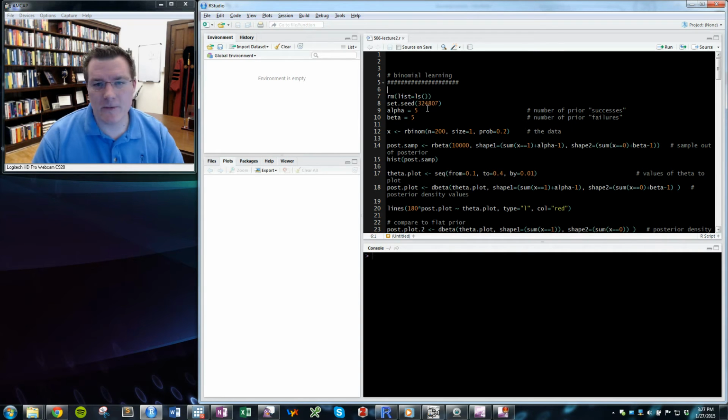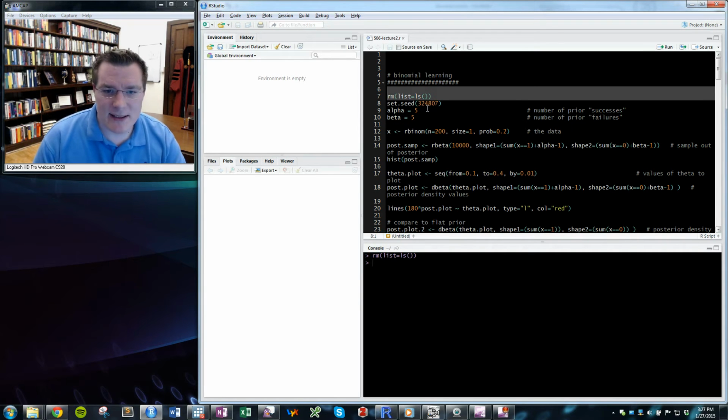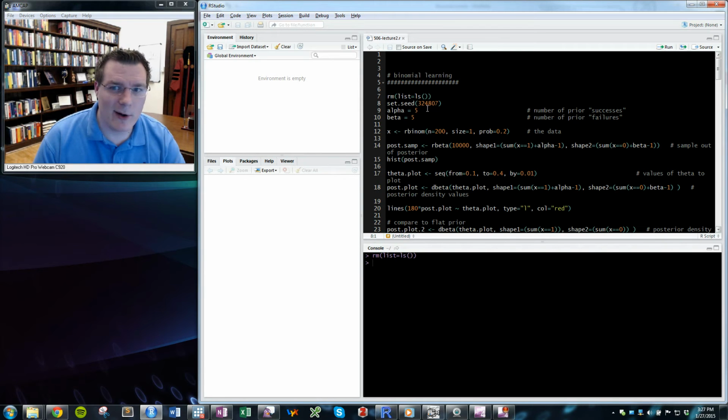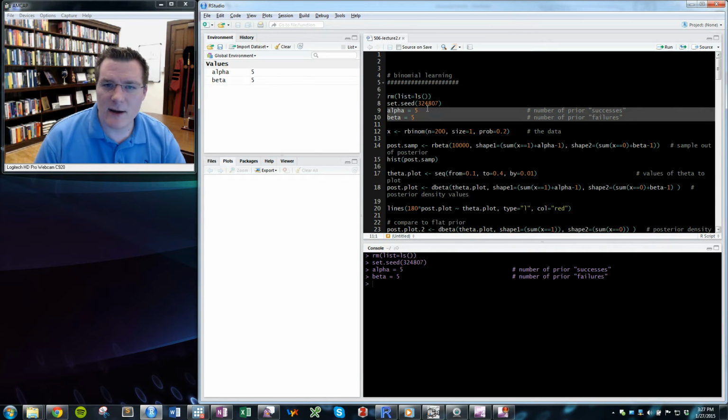So I'm going to clear my R memory, and I'm going to set a seed so that you at home can replicate this exactly the way I have. And I'm going to set a prior number of successes and failures at 5 each. This is the alpha and beta from the prior distribution that we talked about earlier.